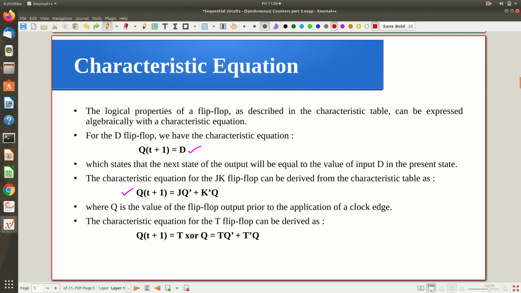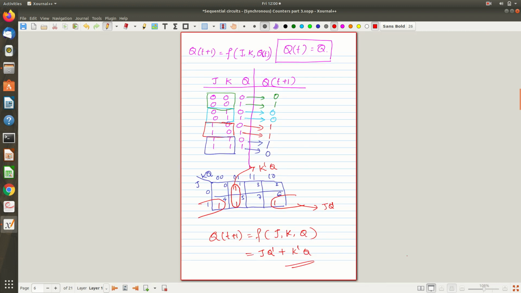When it comes to the T flip-flop, J equal to K equal to simply T. So Q of t plus 1, you can write J, you replace with T, Q bar, plus K also you replace with T, so you will get this. This is nothing but T XOR Q. So you can write that way also, or in the way I discussed here.